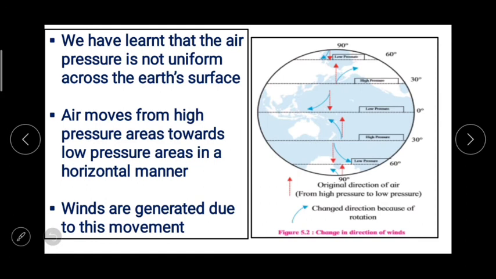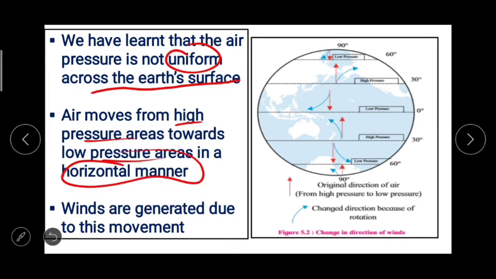We have learned that the air pressure is not uniform across the Earth's surface. That we already discussed in the last chapter, that is air pressure. And we also learned that air moves from high pressure areas towards low pressure areas in a horizontal manner.